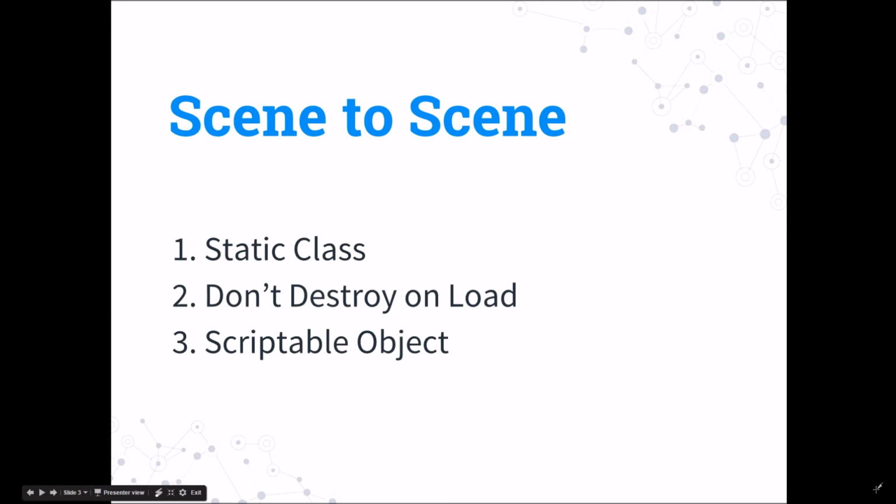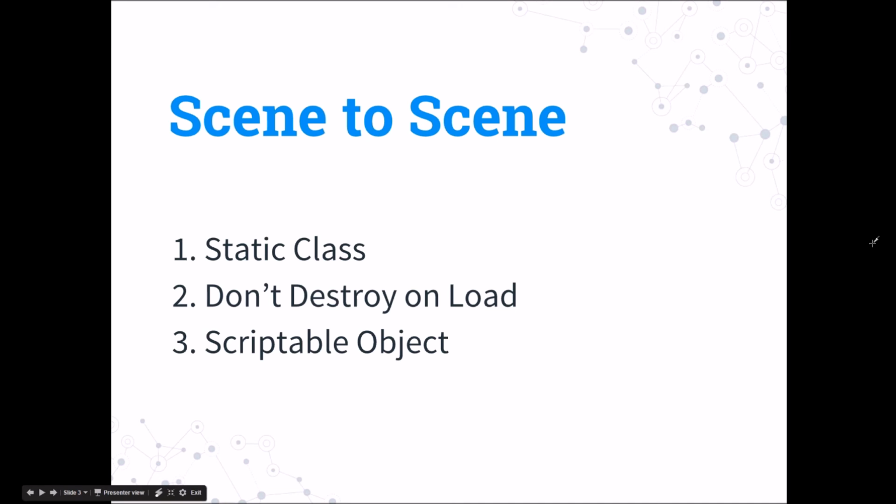Scene to scene data saving can be achieved by either using static classes, which are a special type of class which is not attached to any game object in the scene, and the static classes persist between scene load. The second method is don't destroy on load, which is a special function which stops your game object from being destroyed on every scene load.